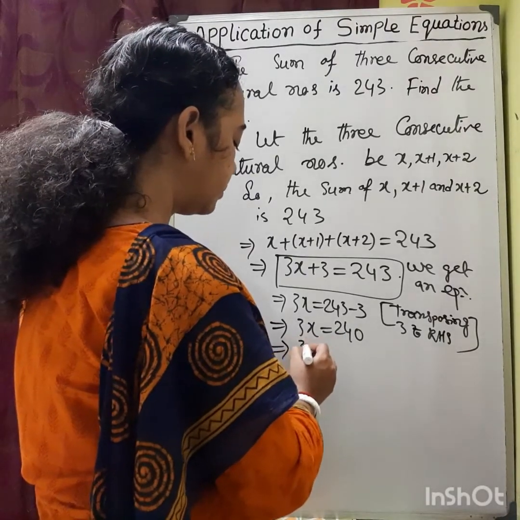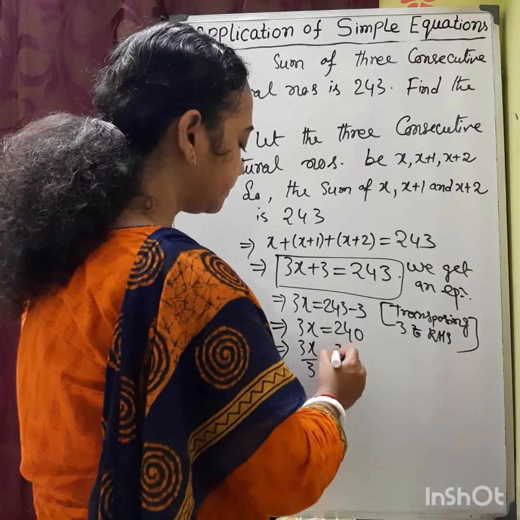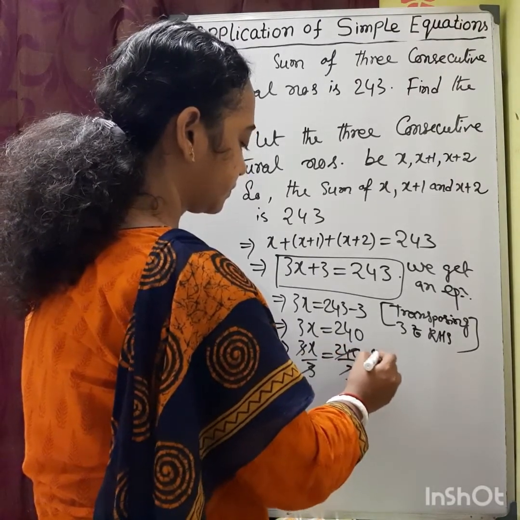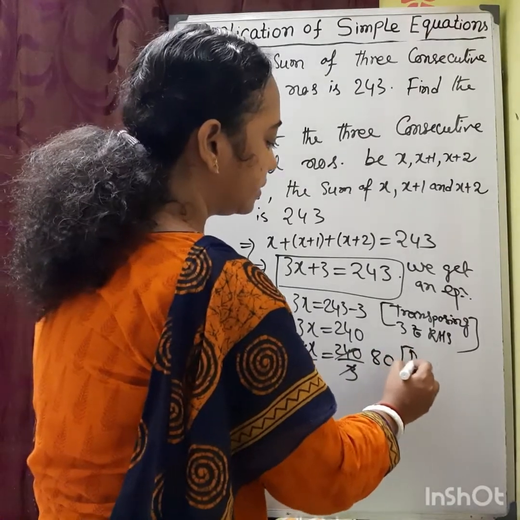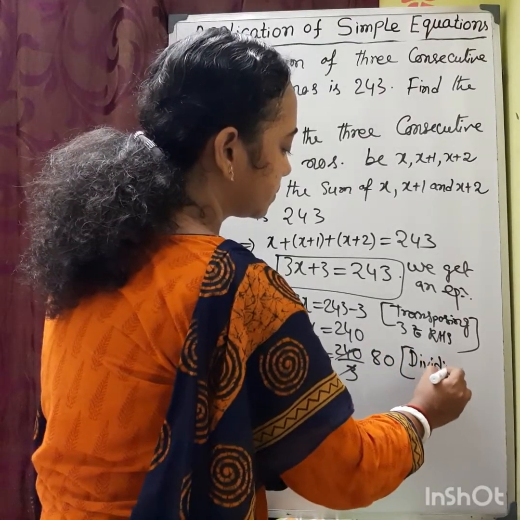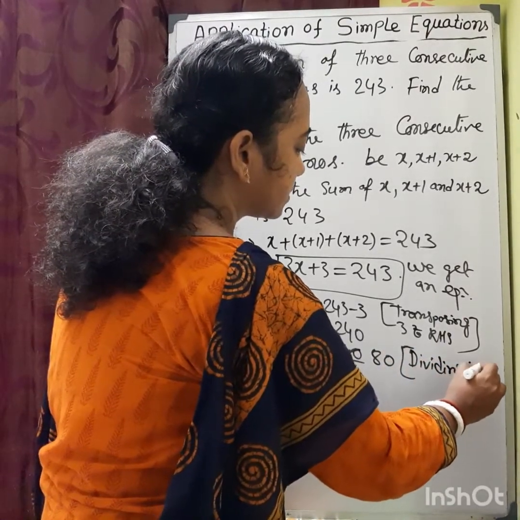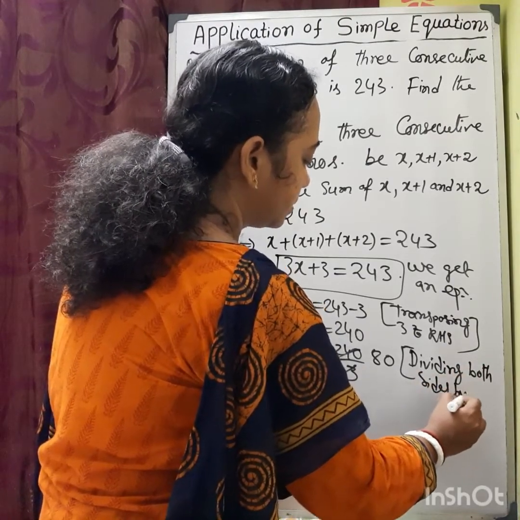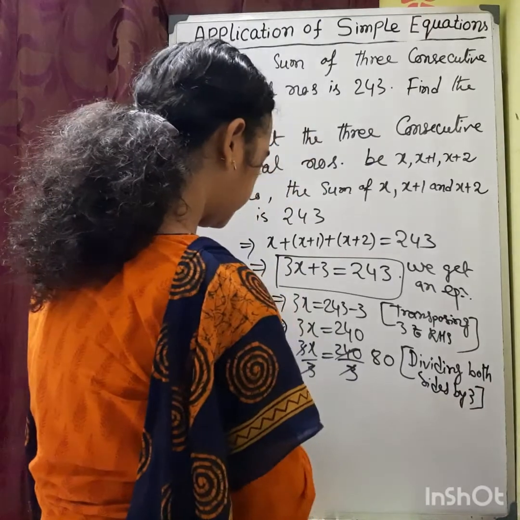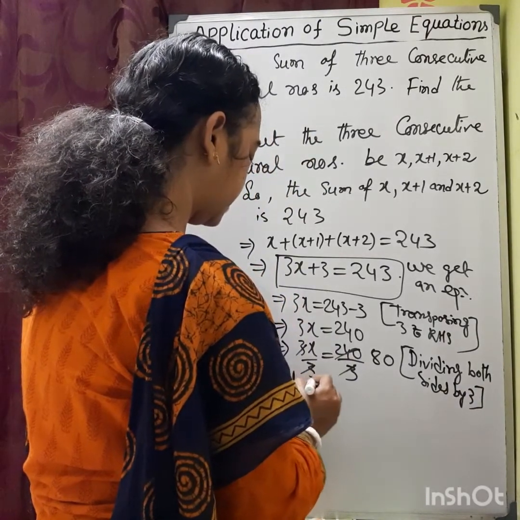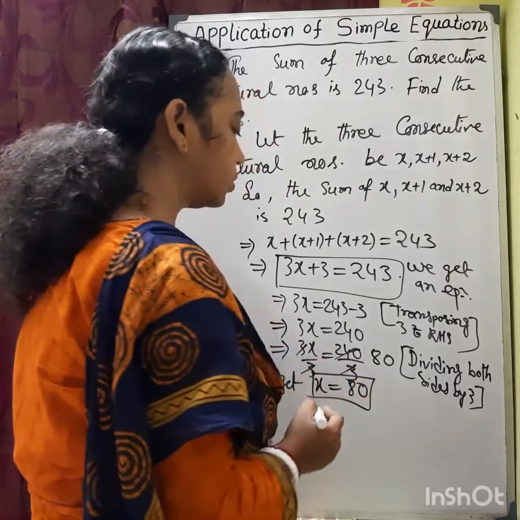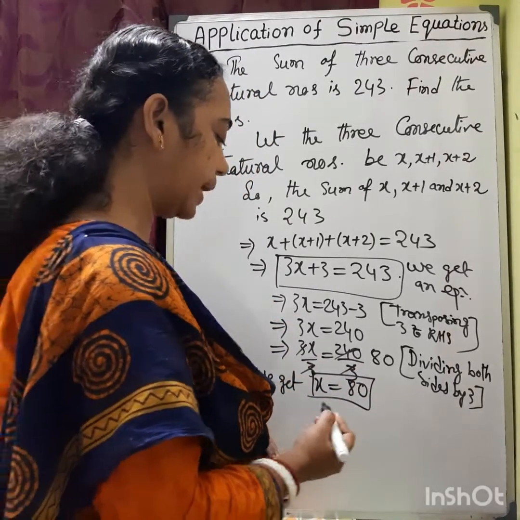So dividing both sides by 3, we get x is equal to 80. So here we get the solution as x is equal to 80.